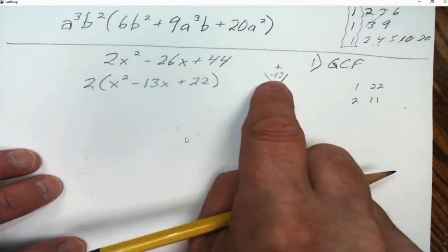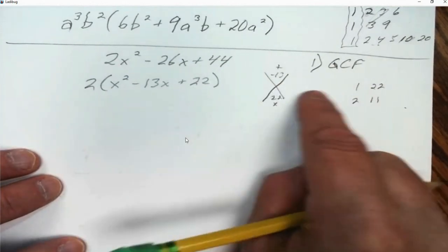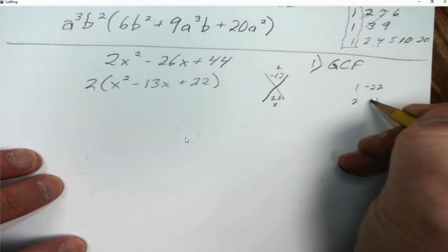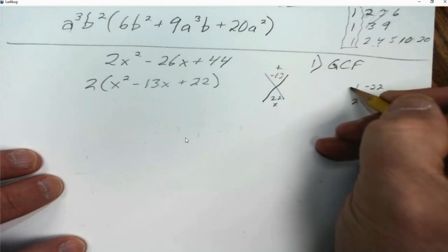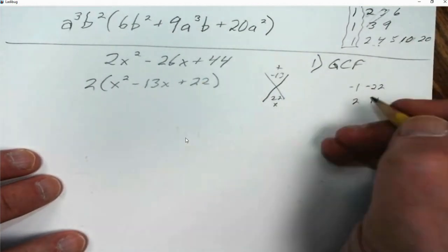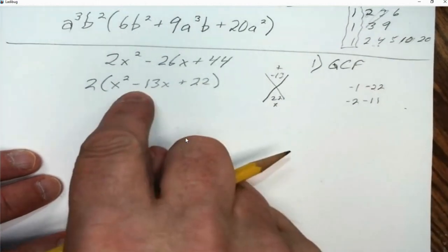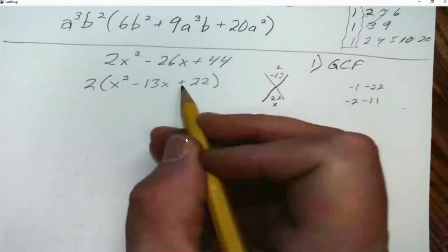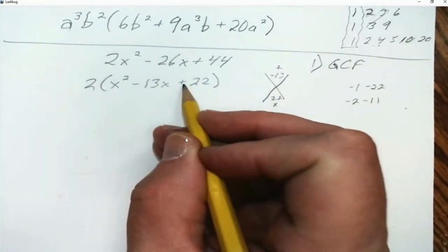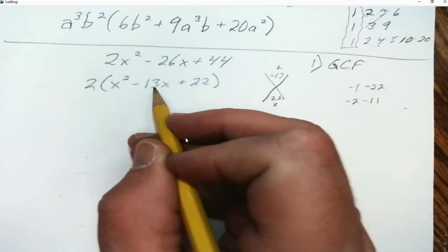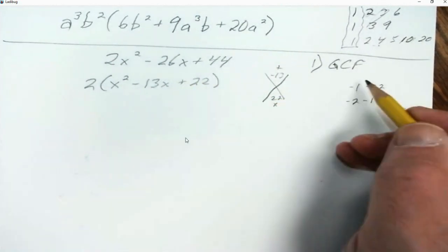And if the sum is going to be negative, when you add them together, they both have to be negative, because we want the product to be positive and the middle term to be negative. So it has to be a negative times a negative.